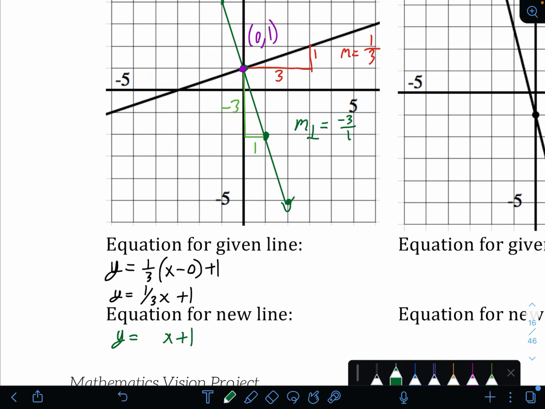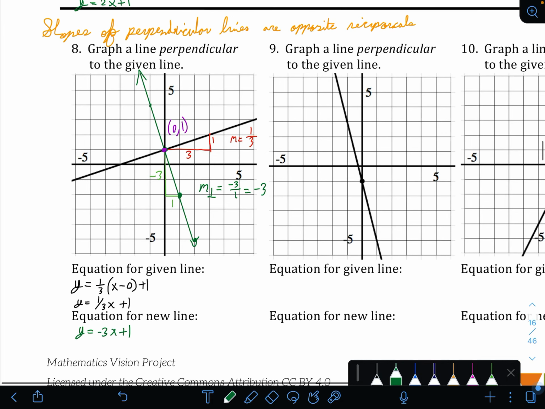And oh wait, I just noticed something. Hey look, that slope is negative 3 over 1, which means it simplifies down to just negative 3. So I can just write y is equal to negative 3x plus 1. Notice how using these tricks just makes things look nicer a lot of the time. And that's one thing that you get used to as you get better and better at math. You're like, oh, that looks nice. I'm going to do it this way.